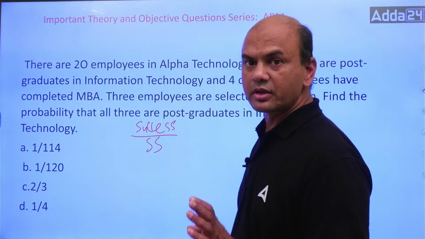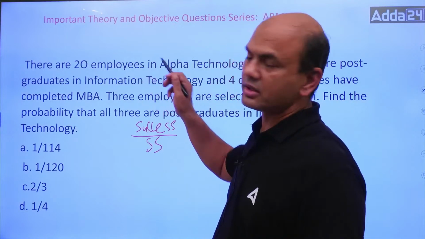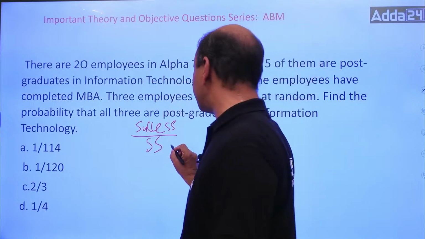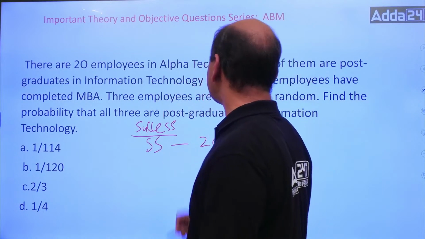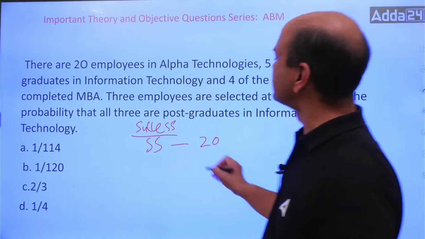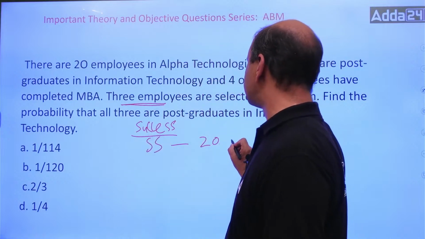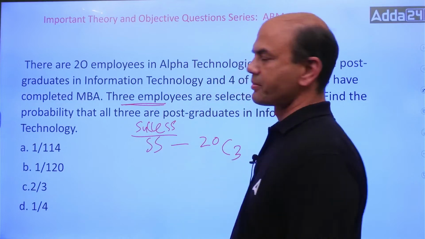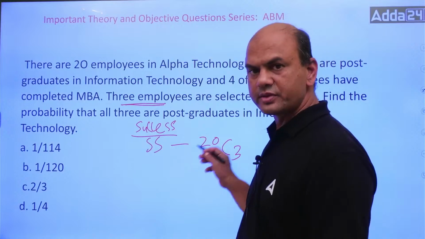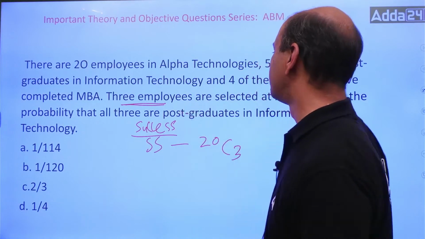Always try to solve the denominator first. What is the sample space? Sample space means total. How many employees are there? 20 employees. Out of them, how many do you have to select? 3 employees are selected. So 20C3. Out of 20, you have to select 3.